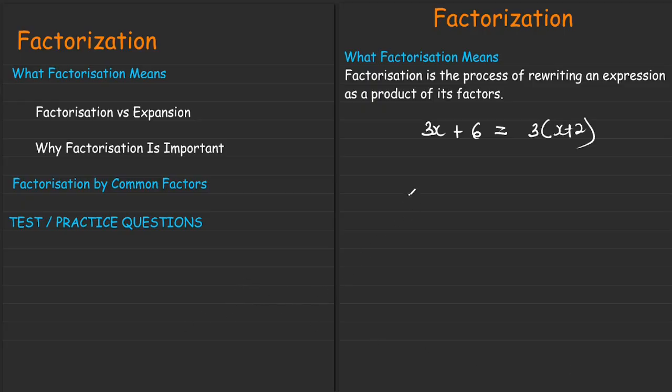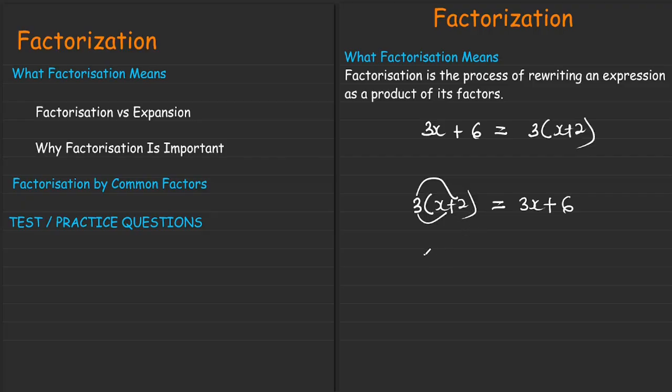What do I mean by that? Under expansion, you can have 3 into bracket x plus 2, expanding to give you 3x plus 6. That is multiplying your 3 by the x and then multiplying your 3 also by the 2.